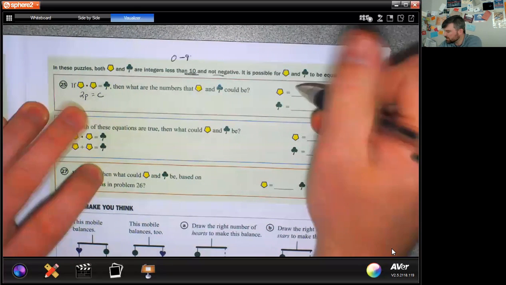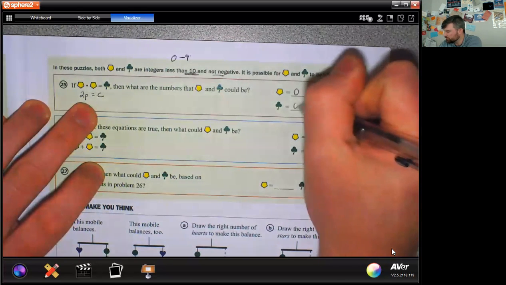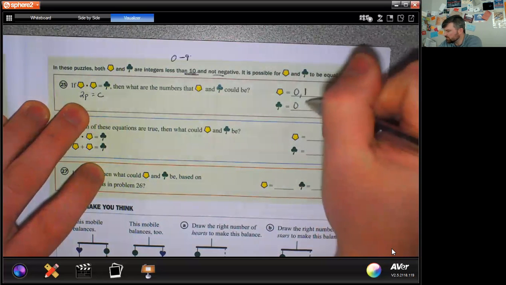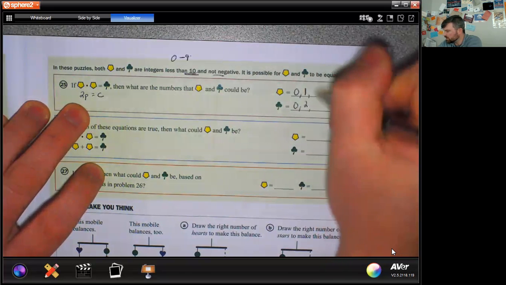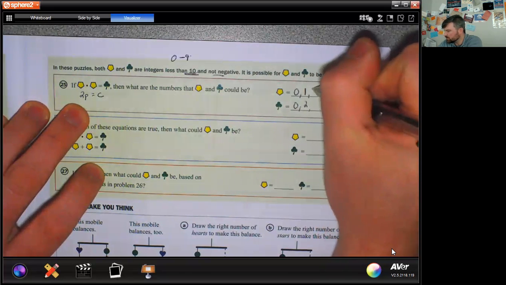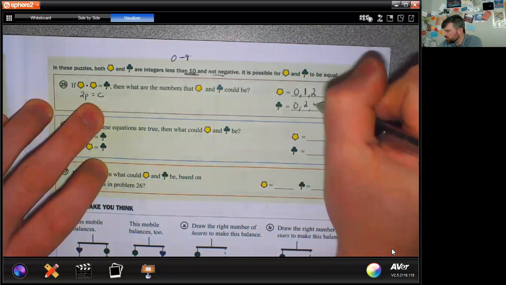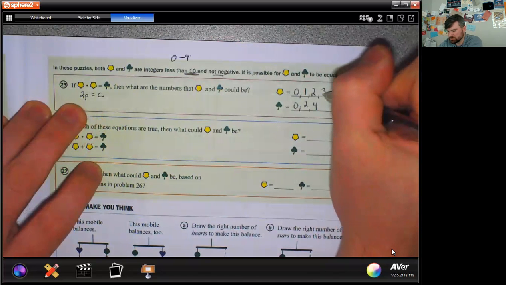So if the pentagon is 0, 2 times 0 is 0. If the pentagon is 1, 2 times 1 is 2. If the pentagon is 2, then 2 times 2 is 4. If the pentagon is 3, 2 times 3.